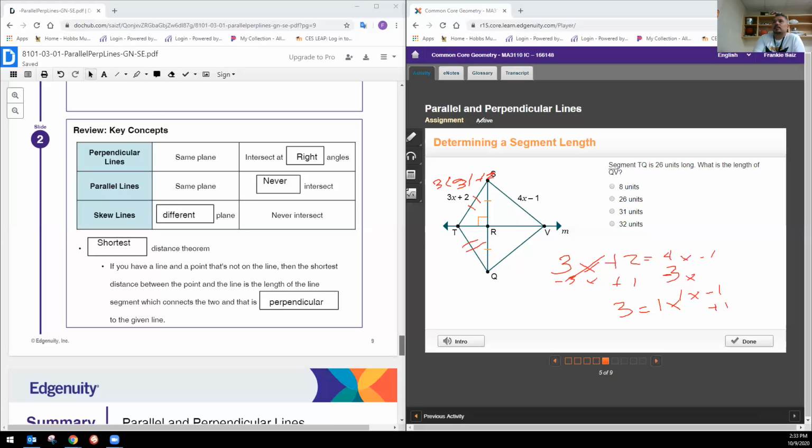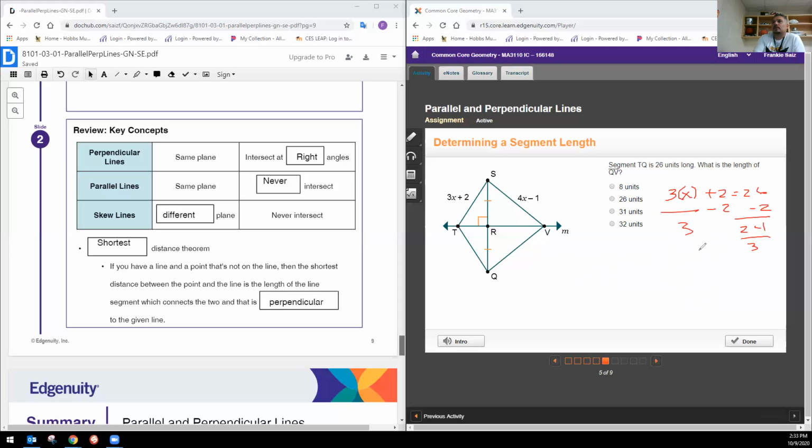No. Let's go ahead and clear this out right away. So then that's going to be 4 times 8 minus 1. 32 minus 1 is 31, so the correct answer is 31.